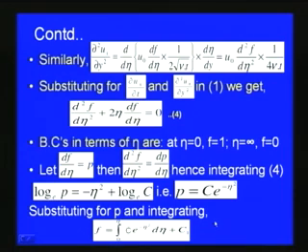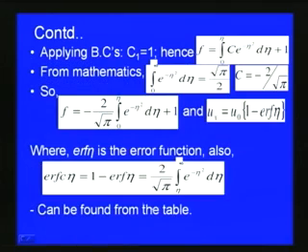Now in this equation we have to find c and c1, and we can use the boundary conditions. Applying the boundary conditions we get c1 is equal to 1, and hence f is equal to the integral from 0 to eta of c into e to the power minus eta square d eta plus 1.